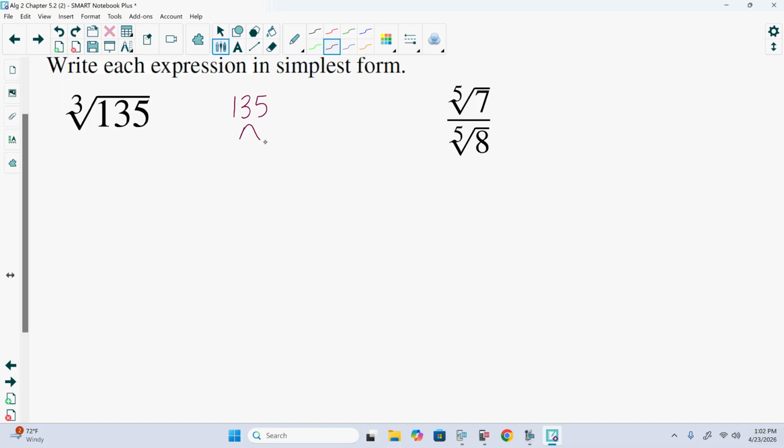So 2, 3, 5, 7, some of the prime numbers. So 2 is definitely not going to work because it's not even. 1 plus 3 is 4, plus 5 is 9, so there is a factor of 3 in this.